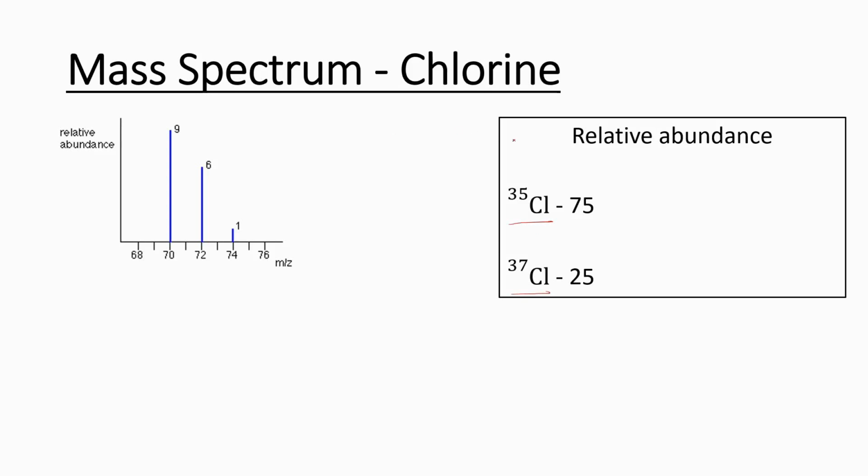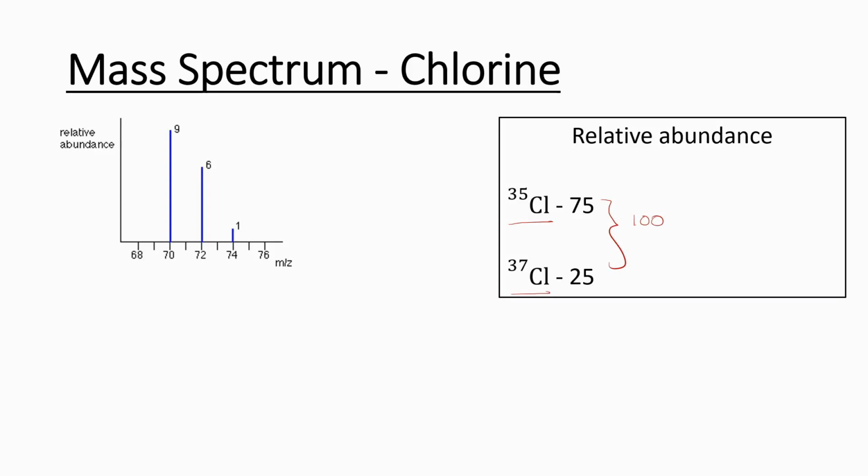So if we add these two together, we'll have 100. So we can say that 25% or 25 out of 100 of chlorines in the environment are going to be Cl37. Most of the chlorine, or 75% of chlorine, is going to be Cl35.